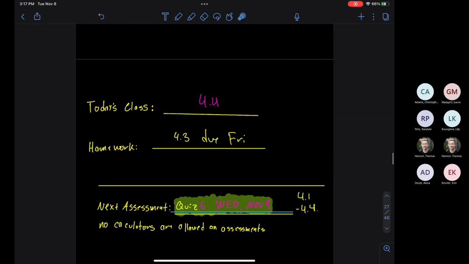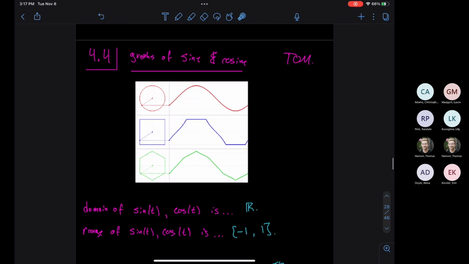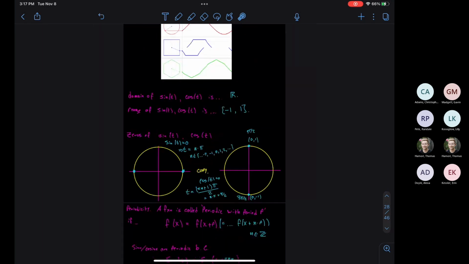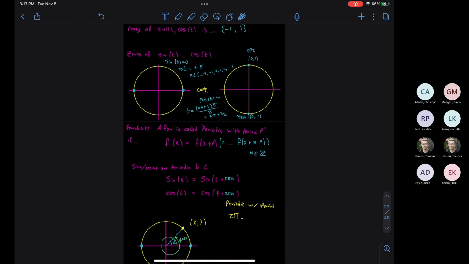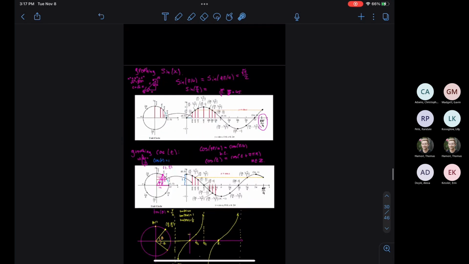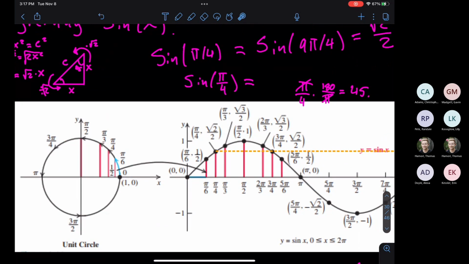Okay, if not, then I'm going to move on to the next section, which is where we learned how to do the graph of sine and cosine. I'm going to go down to this first. What are we going to do for the graph of sine? We are going to allow the inputs on the horizontal axis to represent various different angles inside the unit circle.